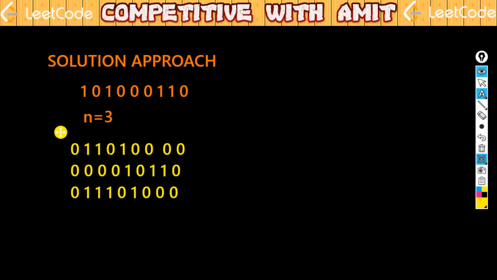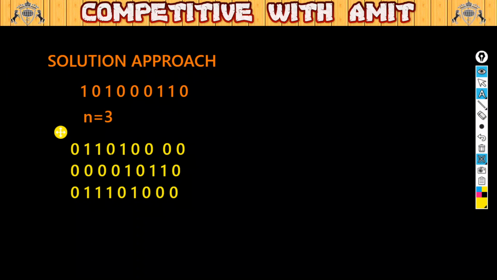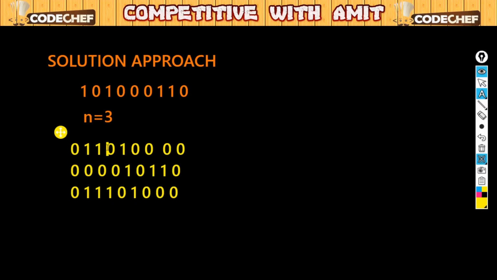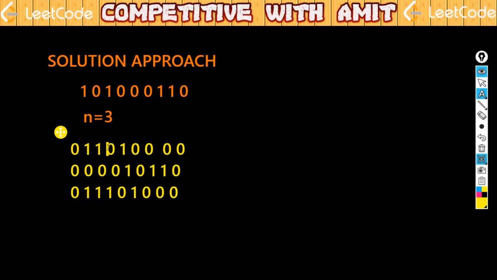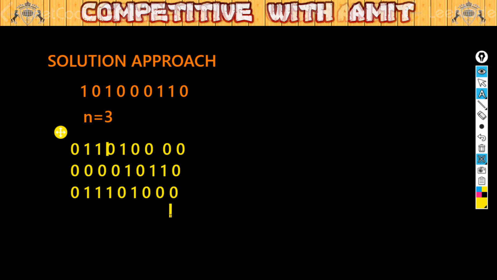So this is the brute force. It means directly implementing without using any algorithm. If the question is solved and no time limit exceeded error comes, then our solution is correct.